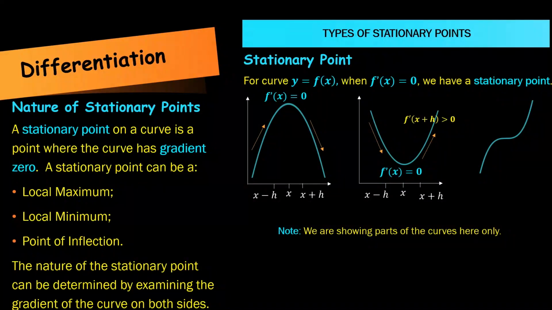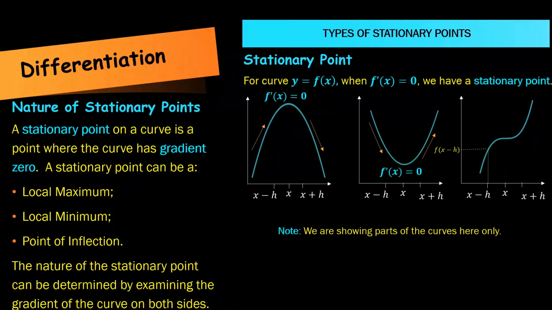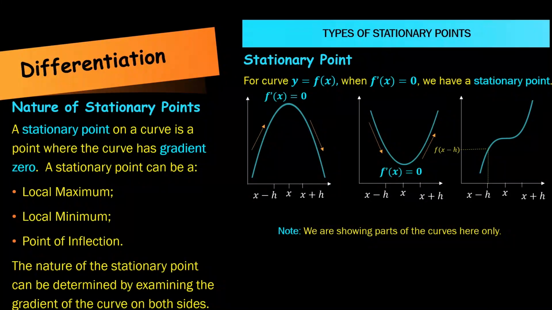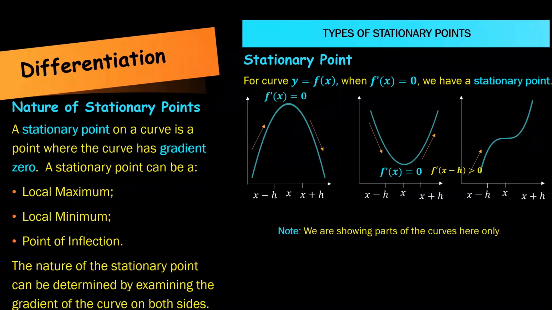Again, for the point of inflection, let's have a look what happens just before the stationary point. So at x minus h, f dash of x minus h is greater than 0. At x, f dash of x is equal to 0. And after x, f dash of x plus h is greater than 0.